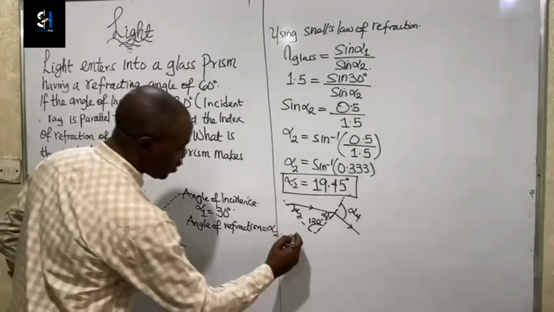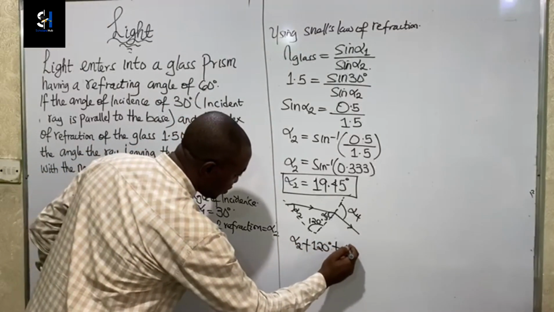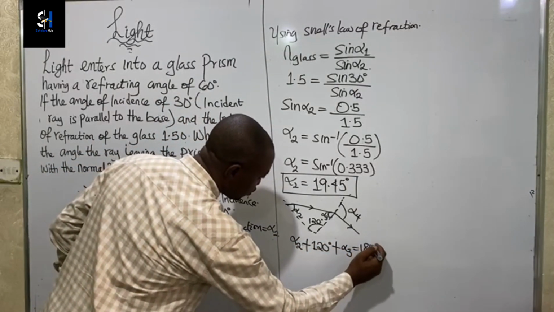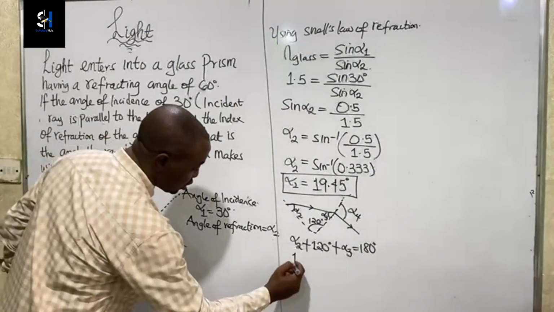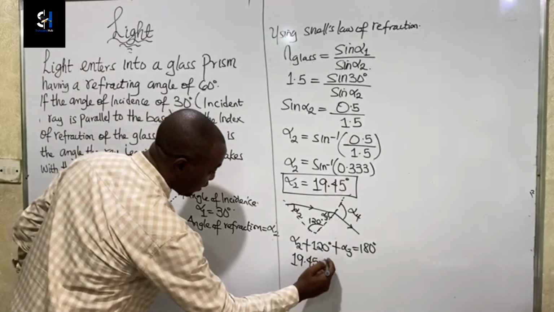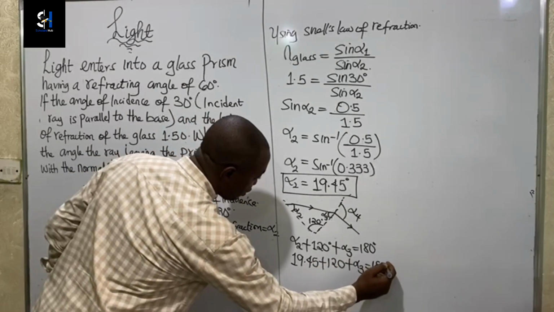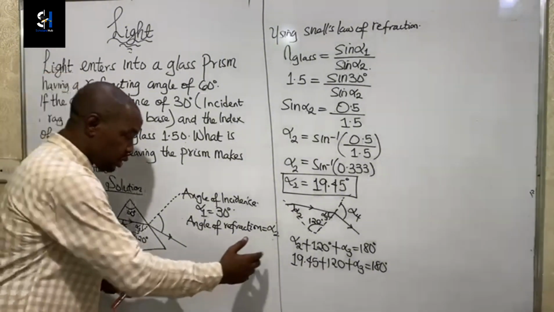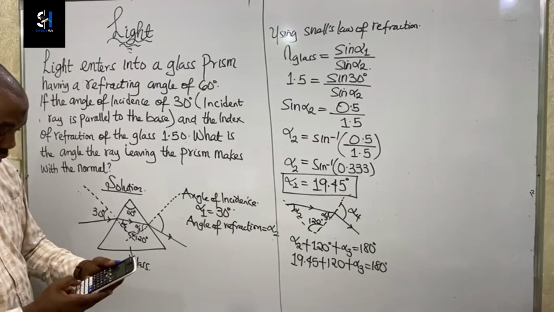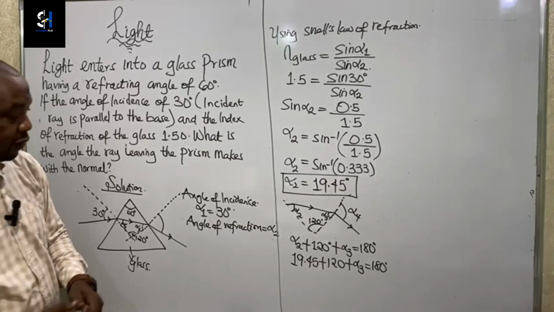So in this case, we can have alpha 2 plus 120 degrees plus alpha 3 equal to 180 degrees. We know the value of alpha 2 to be 19.45, then plus 120 plus alpha 3 equals 180 degrees. So let's add 19.45 to 120 degrees. That will be 139.45.